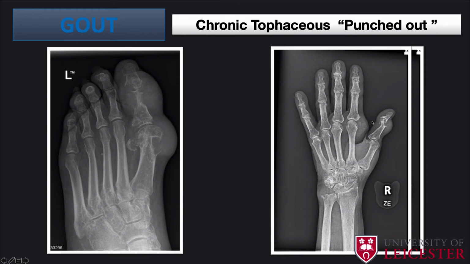You can see these abnormal punched out erosions with an associated soft tissue swelling, much different from what you would see in an erosive osteoarthritic picture. Definitely very different from a psoriatic picture, and these are all juxta-articular, so all at the sites of ligamentous attachment, and that's where you get the deposition disease causing all these erosive changes.